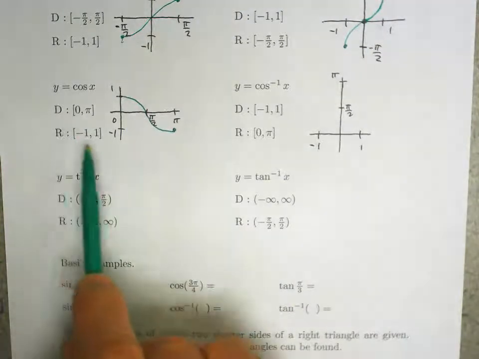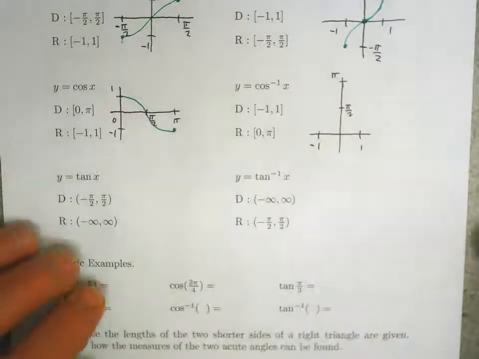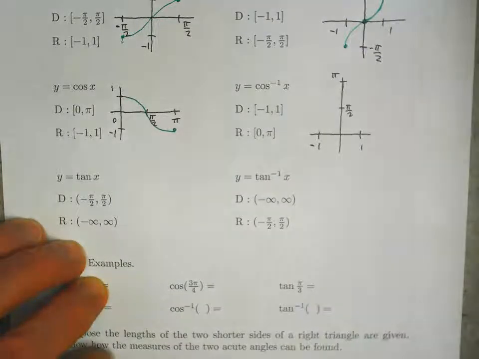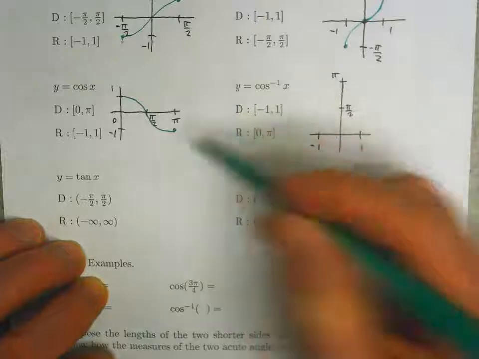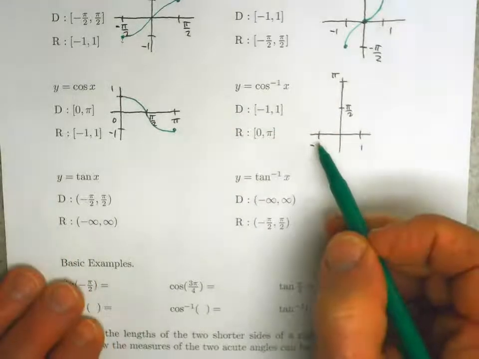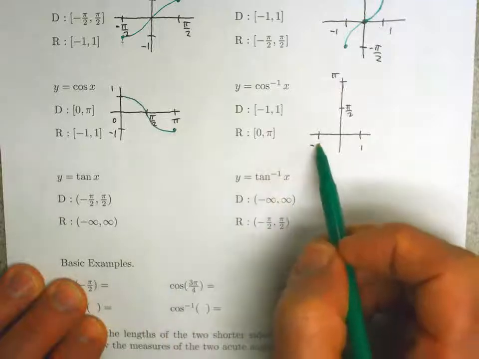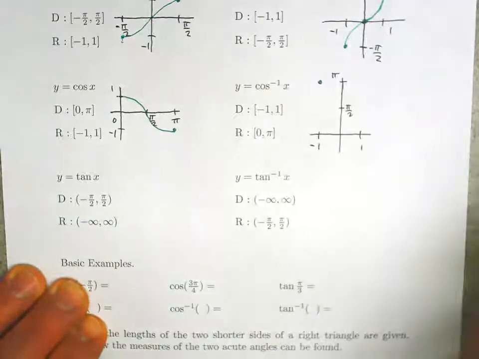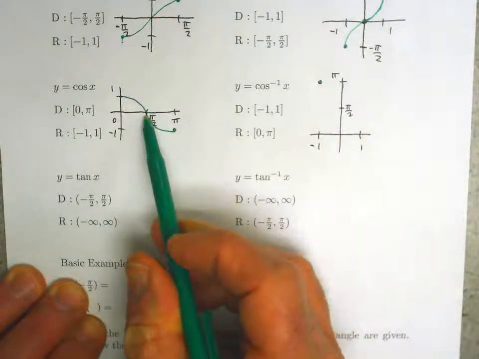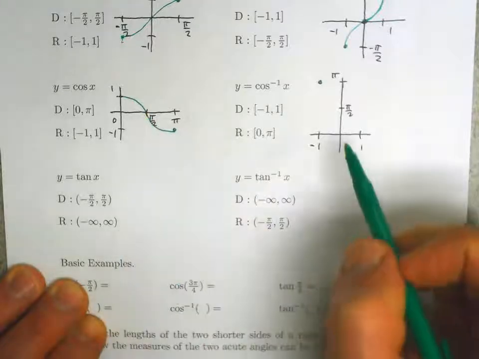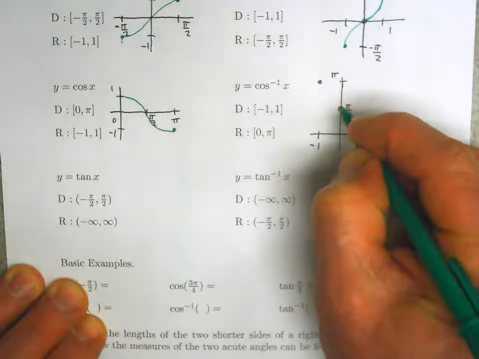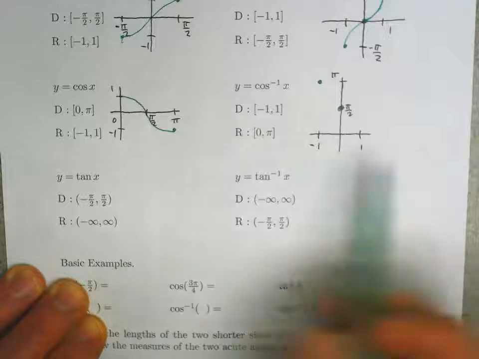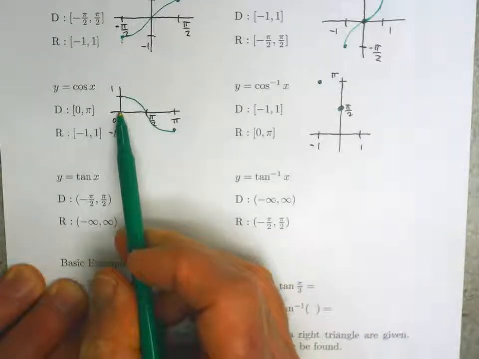From the graph of y equals cosine of x, we have the ordered pair pi, negative 1. So on the graph of inverse cosine, we have the ordered pair negative 1, pi. So negative 1, pi is a point on the graph. On y equals cosine of x, we have the ordered pair pi over 2, 0. So 0, pi over 2 is a point on the graph of the inverse. And then on the graph of y equals cosine of x, we have 0, 1.